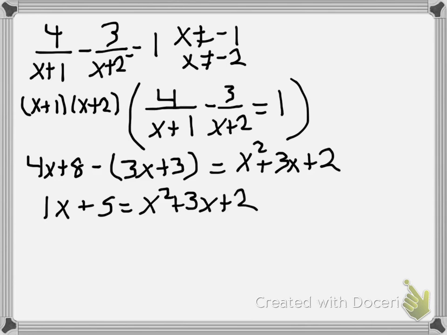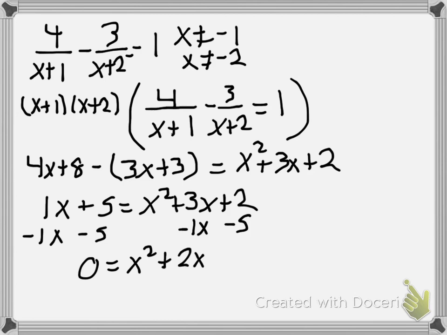Okay, now I'm going to make this equal to 0 by subtracting 1x from both sides, subtracting 5. So subtract 1x, subtract 5. And you get 0 equals x squared plus 2x minus 3.